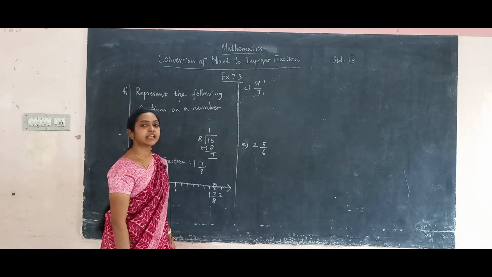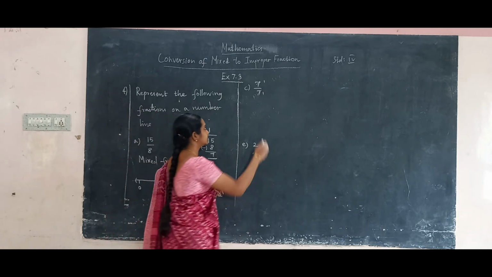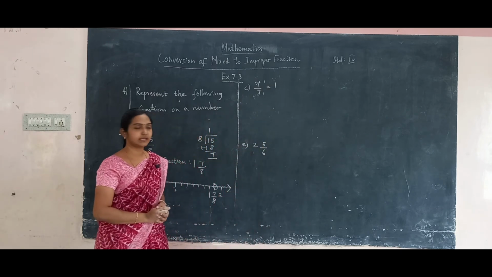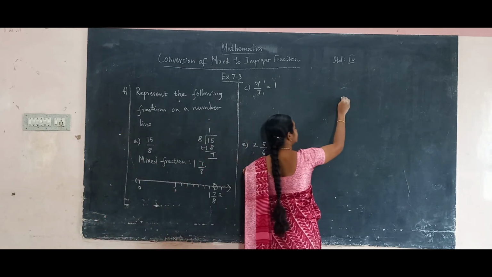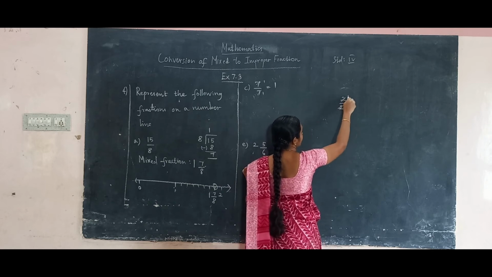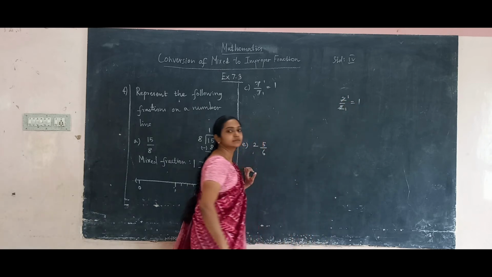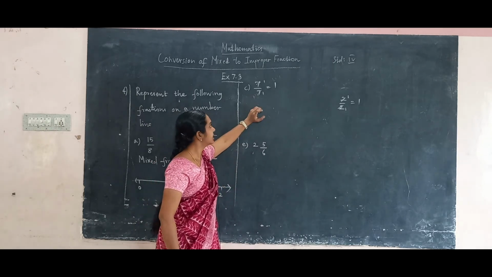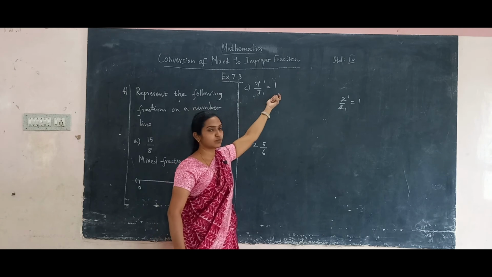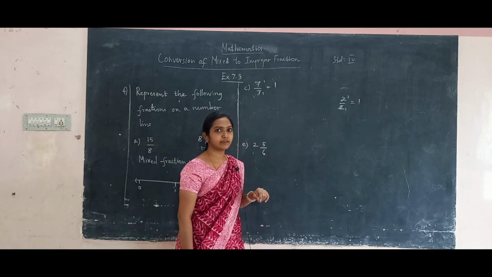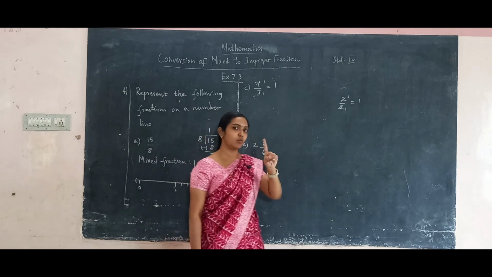The fraction can be reduced as 1. 7/7 is nothing but 1 here. 2/2 is 1 again. So I have simplified and reduced the fraction as 1. 2/2, 3/3, 4/4, 5/5, all these are nothing but 1.